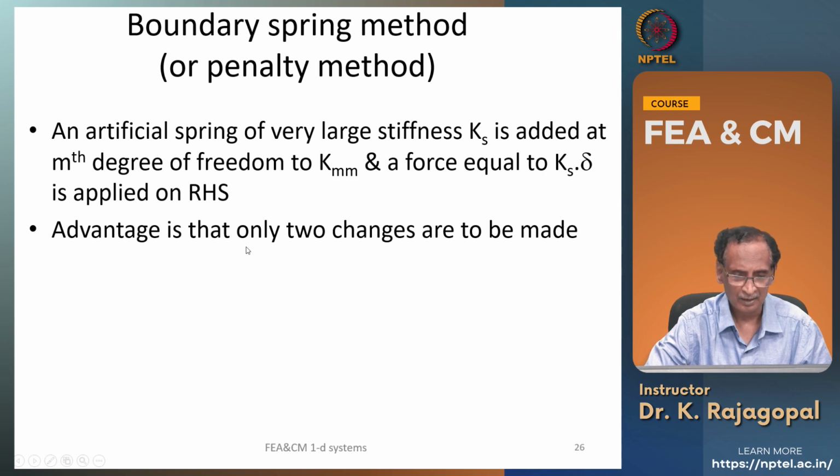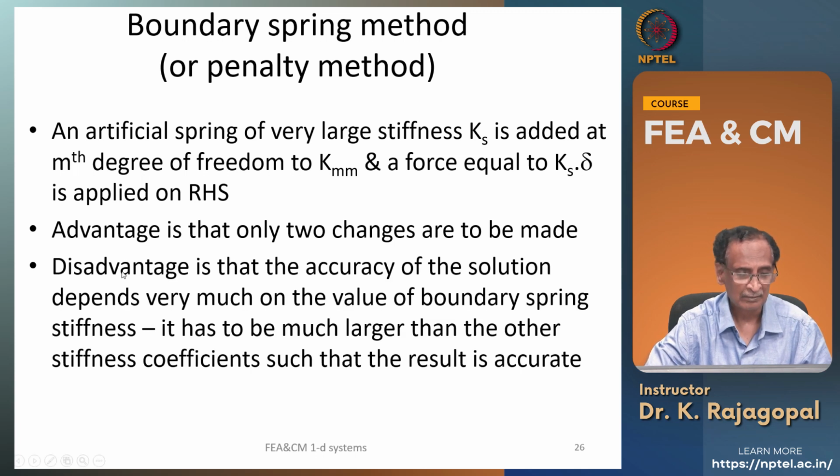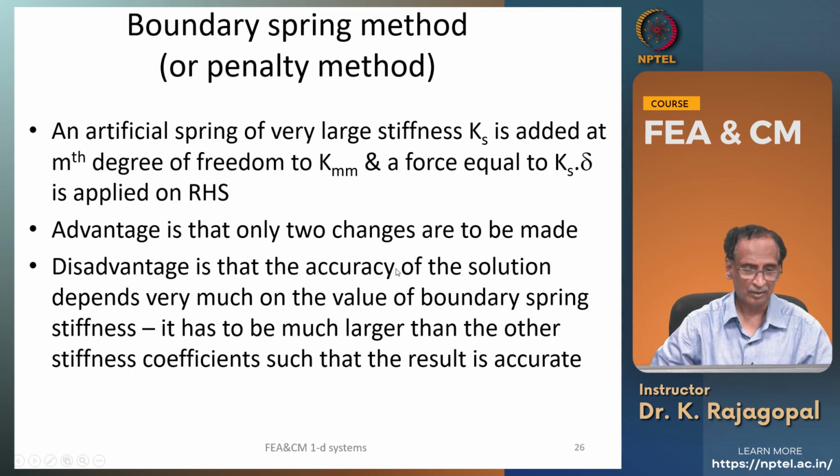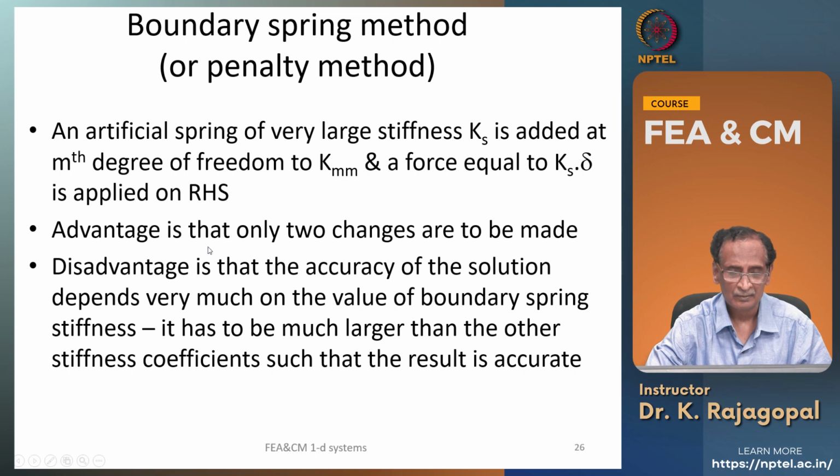So, the advantage is that we make only two changes, one on the right hand side and one in the stiffness coefficient, but the disadvantage is that the accuracy of the solution depends very much on the value of the boundary spring stiffness. It has to be much larger than all the other stiffness coefficients, so that our result is accurate.